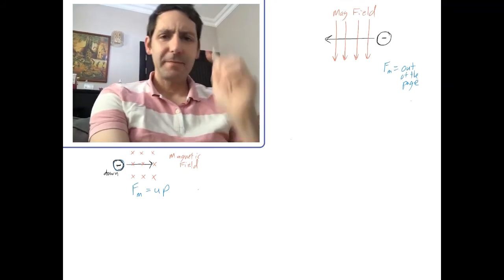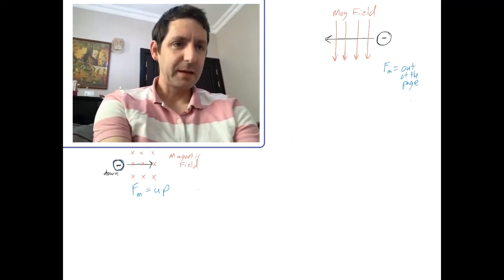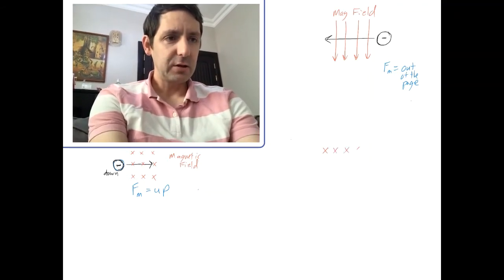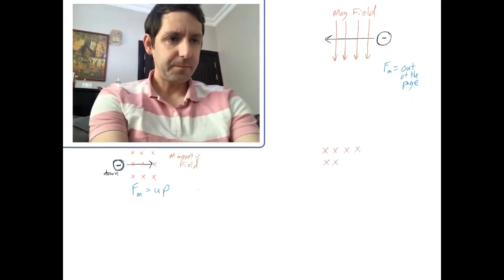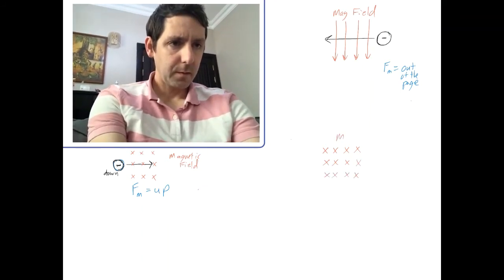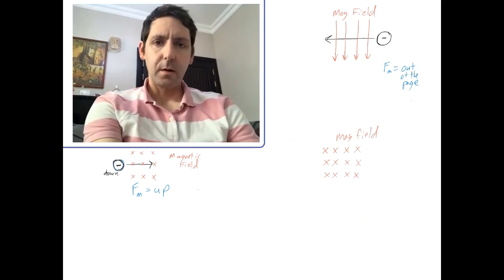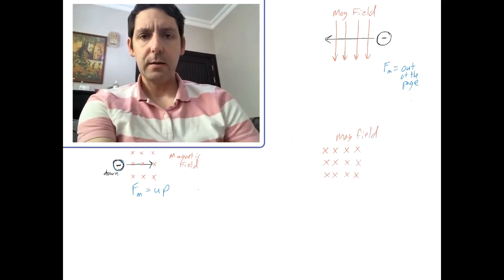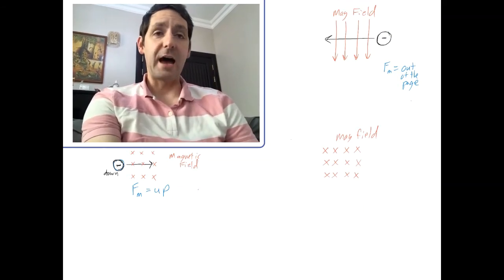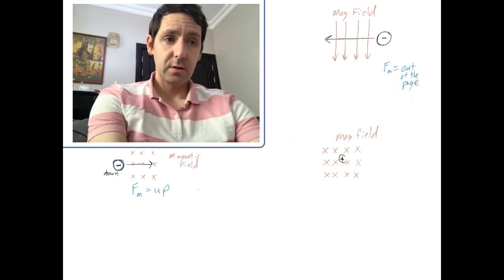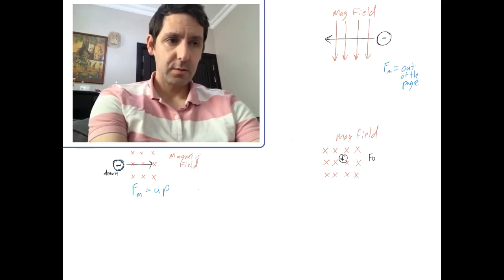How about this? Let's look at a different situation. Let's say that I've got a magnetic field going into the page, and I know that the force is to the right.